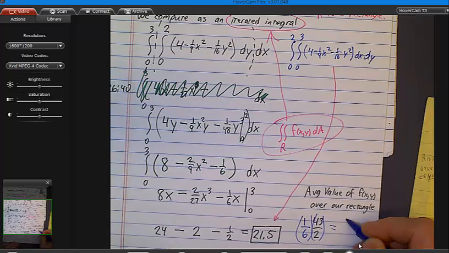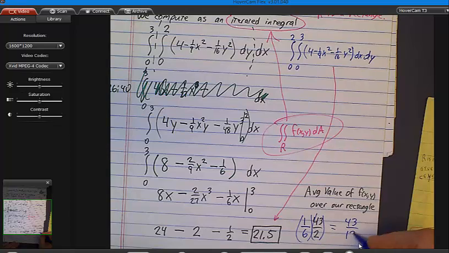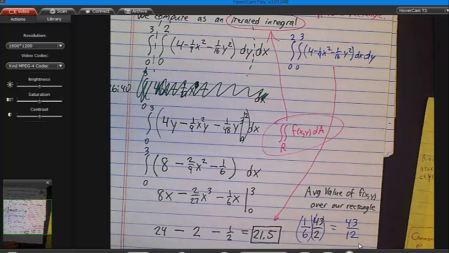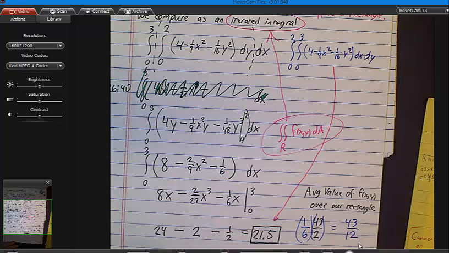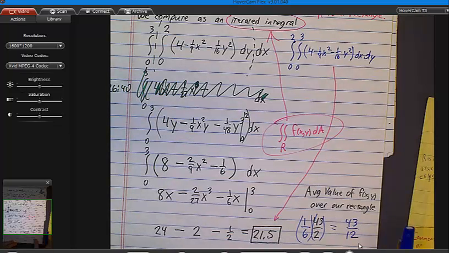So it's 43 twelfths, which is, well, not 4, but it's more than 3, right? 42 twelfths would be 3.5. So it's a little more than 3.5.